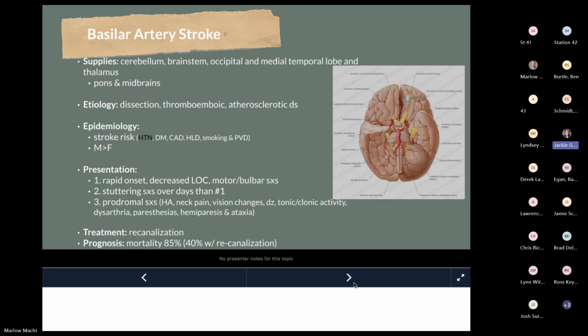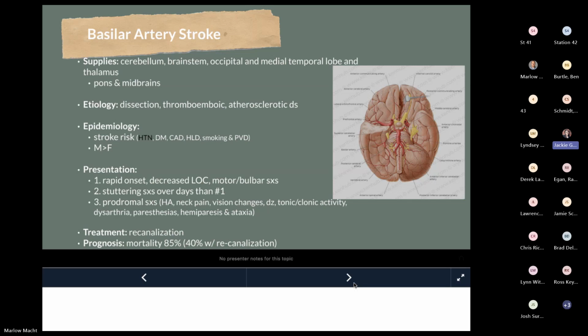Another presentation might be stuttering symptoms over days, and then a rapid decreased level of consciousness and motor and bulbar symptoms. Or another presentation is neurological complaints like headache, vision loss, neck pain, diplopia, dizziness. They might have some tonic-clonic activity, numbness, or even hemiparesis and ataxia.